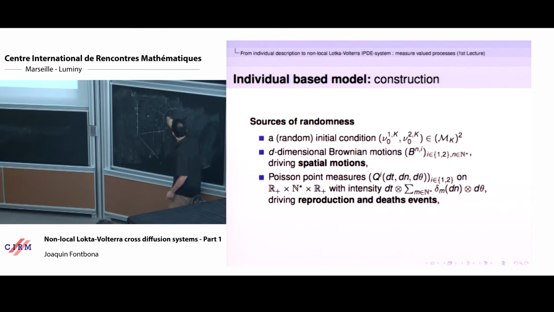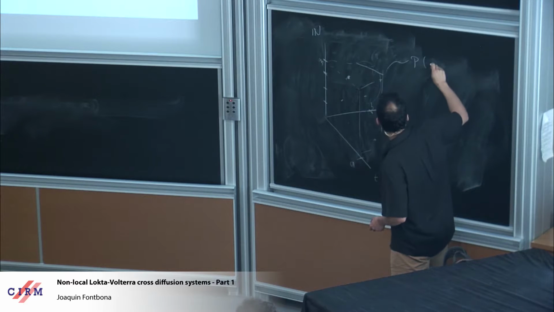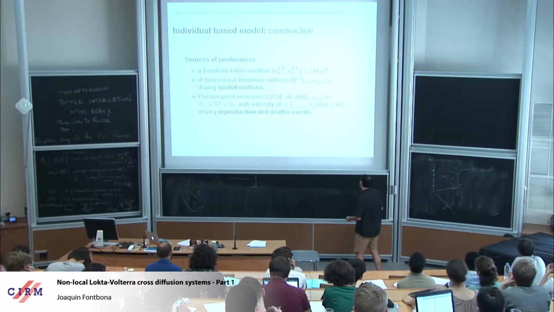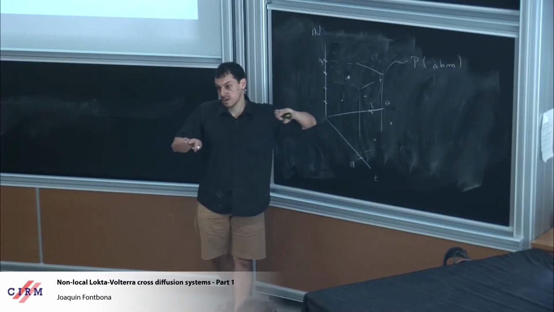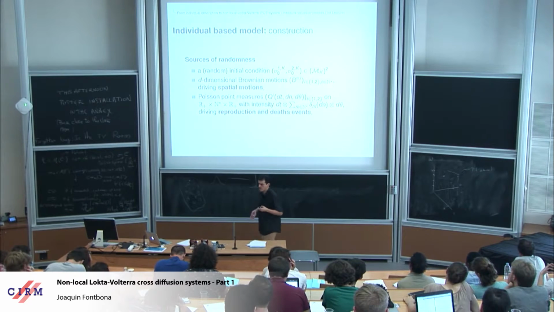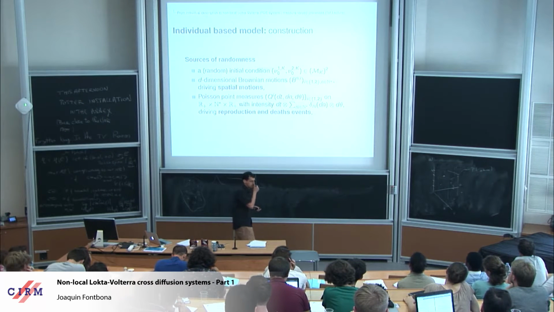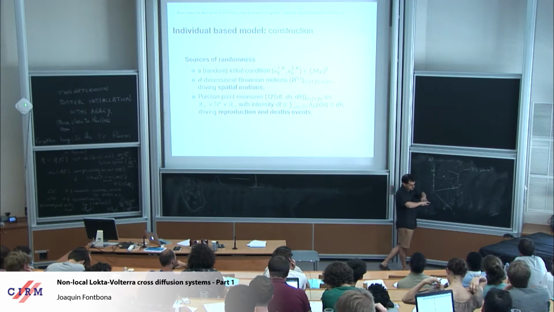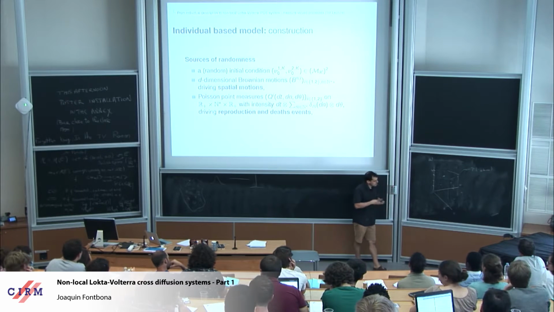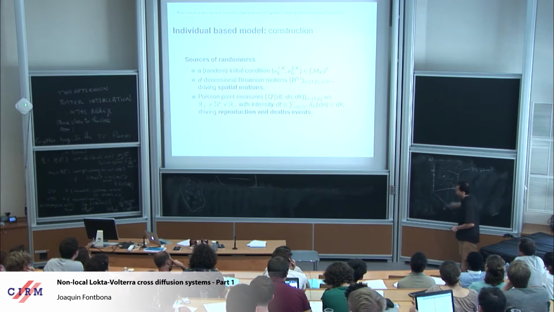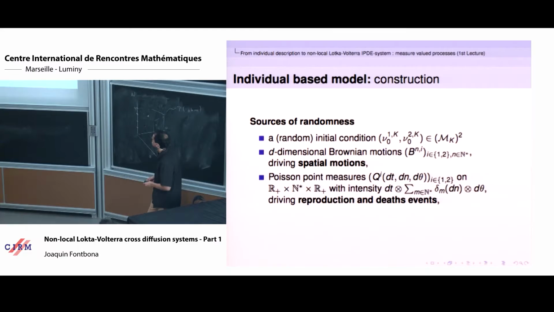The number of points in this cube should be a Poisson random variable of parameter A, B, M. Okay? So that's the first ingredient. And the second one is that if I look at sets which are disjoint, these Poisson random variables are independent. Okay? So the idea is to put points in the space independently for different regions. And there are lots of nice properties which you can derive from this definition.